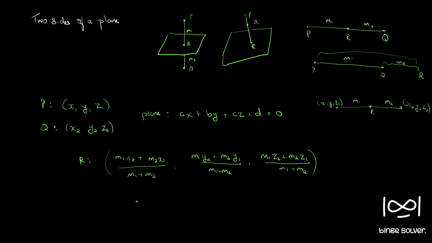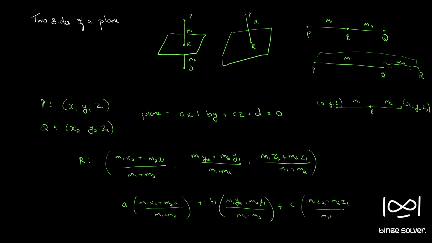So we get a into m1 x2 plus m2 x1 by m1 plus m2, plus b into m1 y2 plus m2 y1 by m1 plus m2, plus c into m1 z2 plus m2 z1 by m1 plus m2, plus d equal to 0.